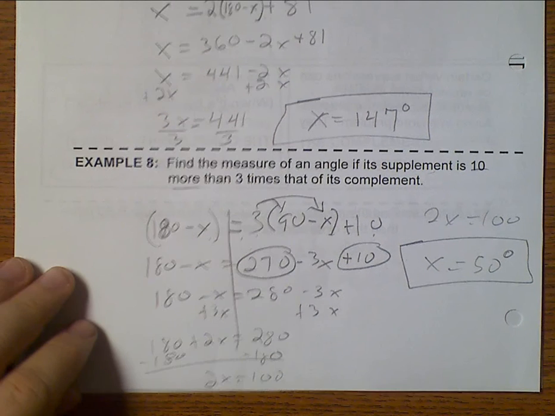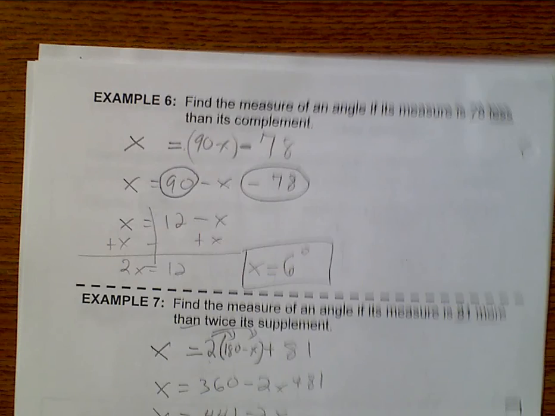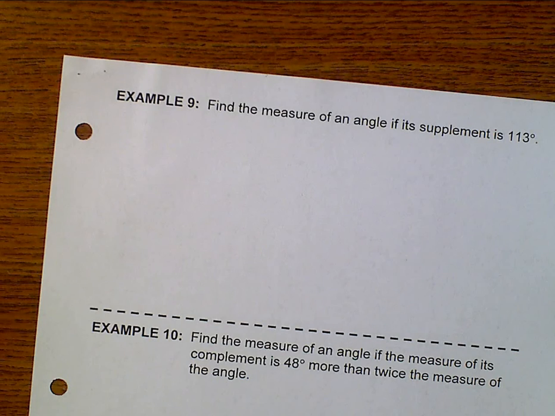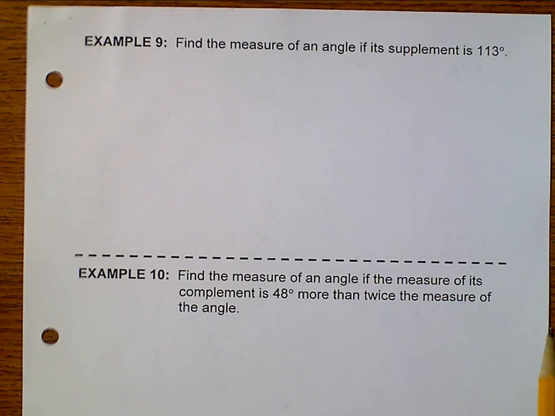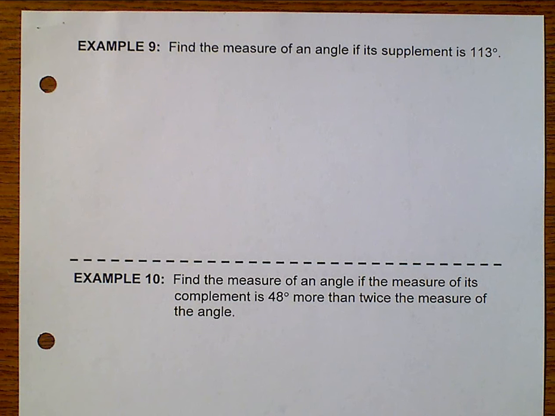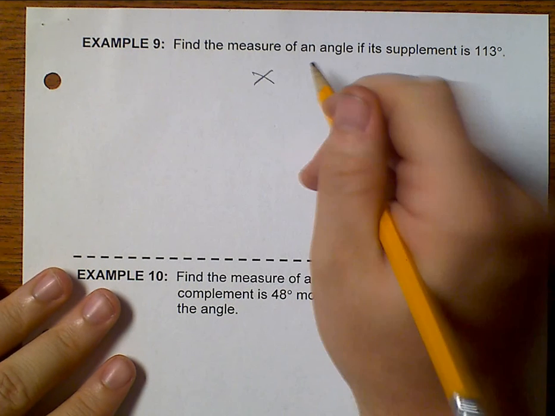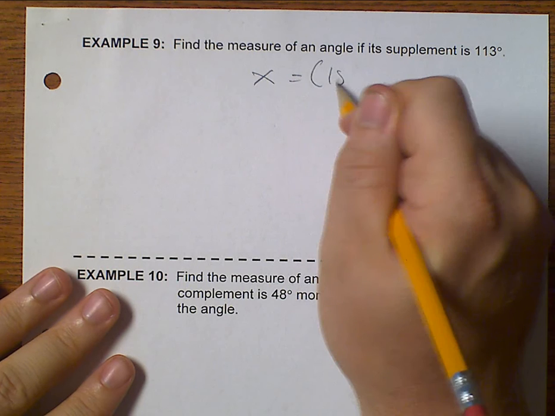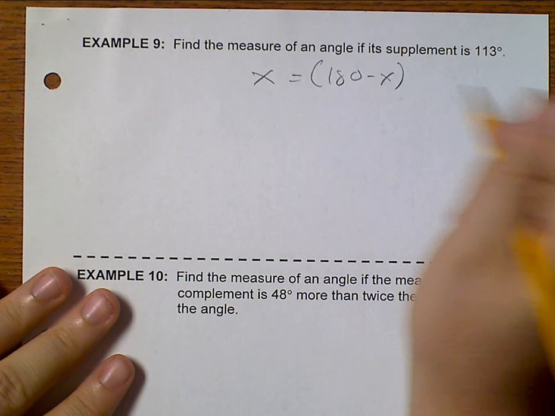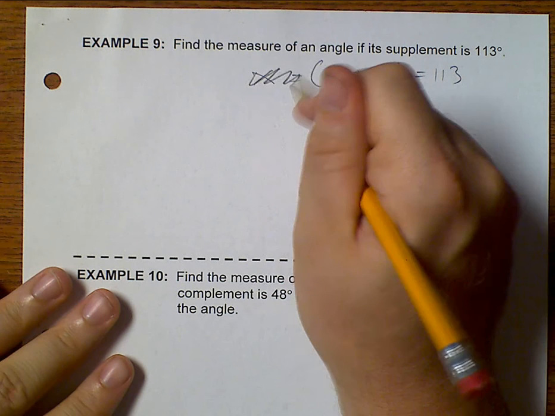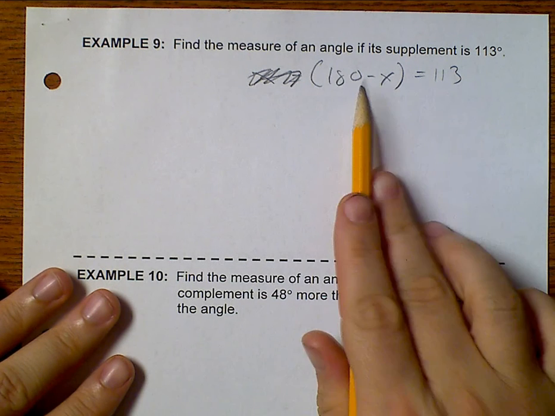Let's go ahead and move on to example number 9. Well, now we want to find the measure of an angle if its supplement is 113. So the supplement of an angle is 113.